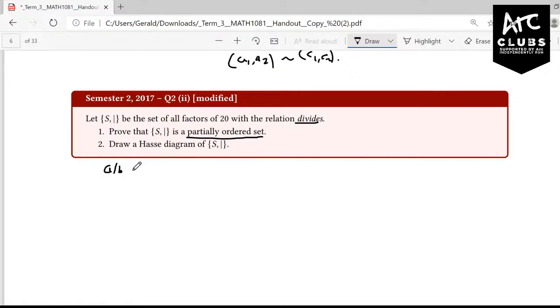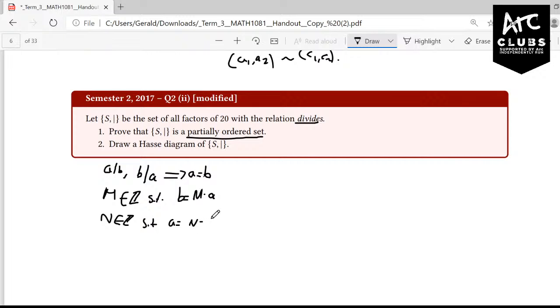So we assume that A divides B and B divides A. And we come to the conclusion that A should equal B. Right, so we want to show that A should equal B. Well, if we know that A divides B, then there exists an integer m such that B equals m times A. And in the same way, if B divides A, then there is an integer n such that A equals n times B, right?